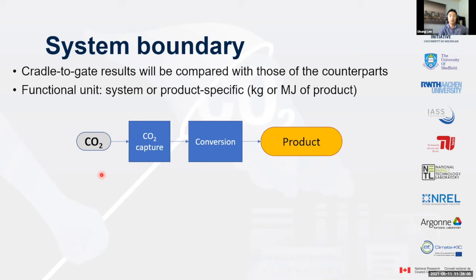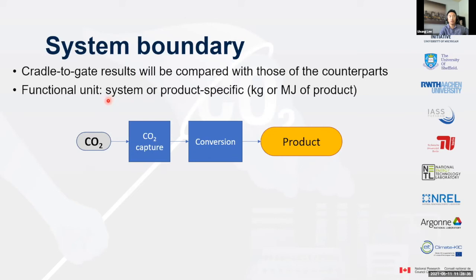The system boundary, as in the GCI document, we are going to develop the cradle to gate results, because the downstream will be the same for both the proposed products and the counterparts, which is in the comparison system, the counterparts with the same downstream. So the functional unit, if we consider the proposed system and the comparison system, will be the entire system generating multiple functions.